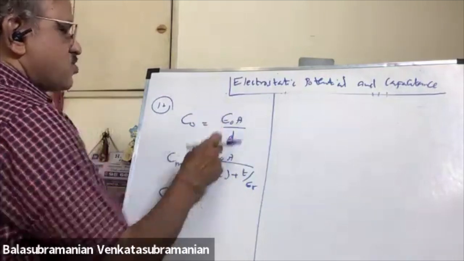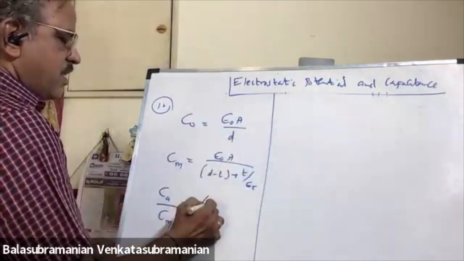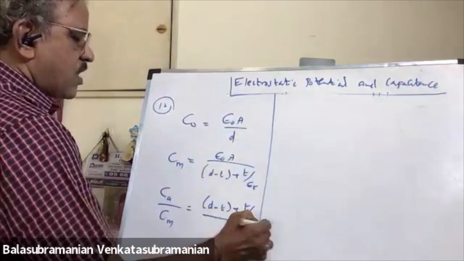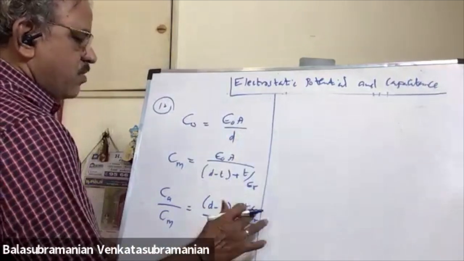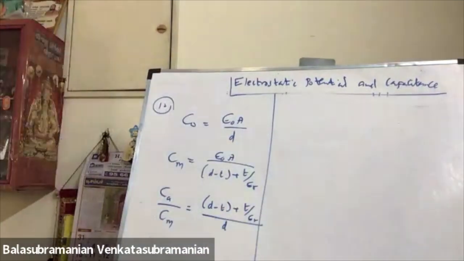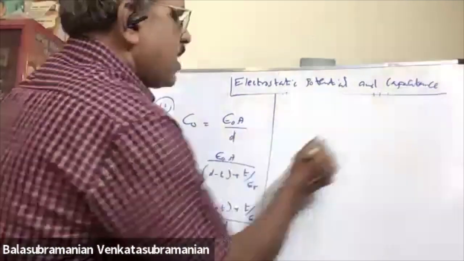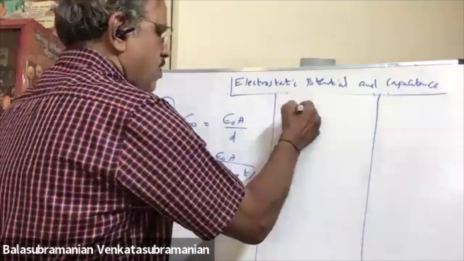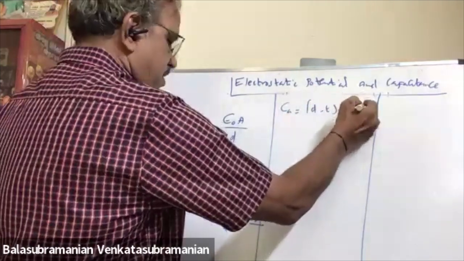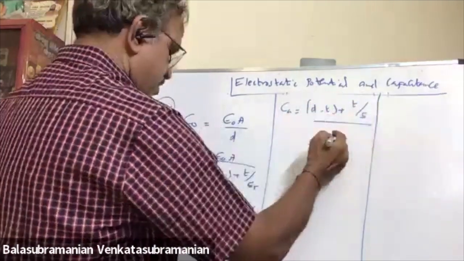This by this, these two get cancelled. This will go to the numerator: D minus T plus T by epsilon R, divided by D. Epsilon R value is given as phi. So Cr is D minus T plus T by phi, by D.